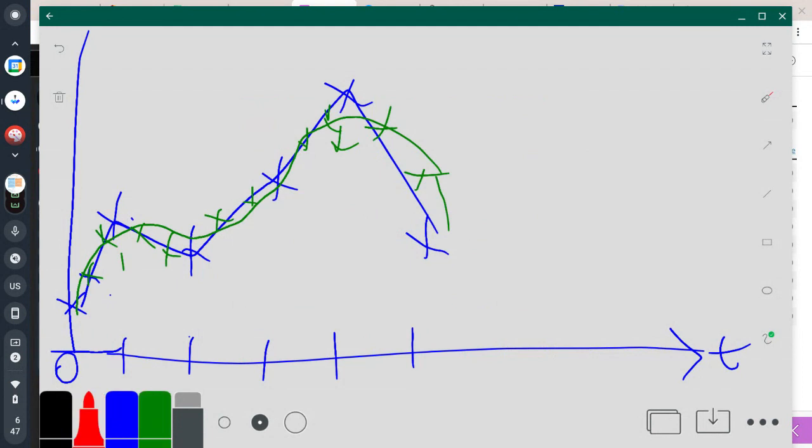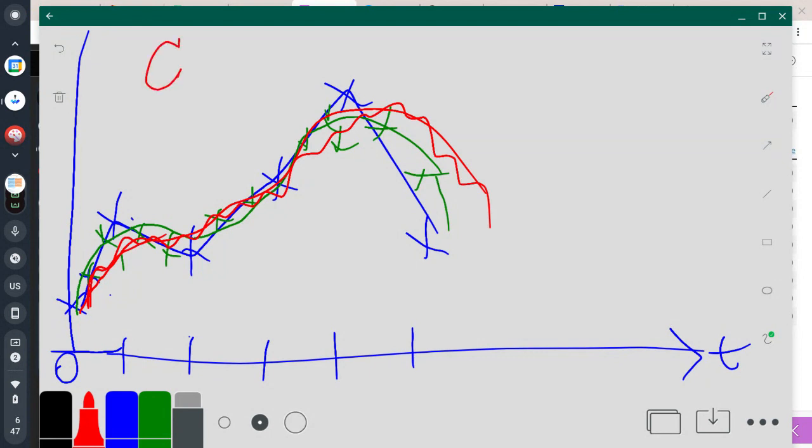If we used monthly data, it would look much smoother. If we used daily data, it may look more noisy, but it will be smoother. It may look more like this, noisier. So what does that mean?